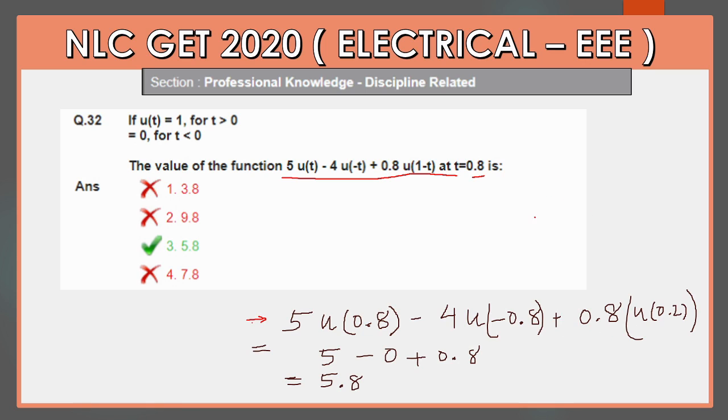We know that the step signal is like this. So this is time t, this is u(t).